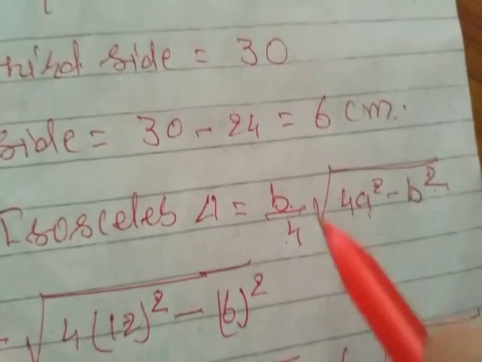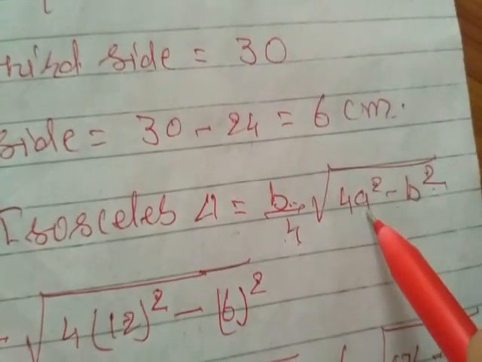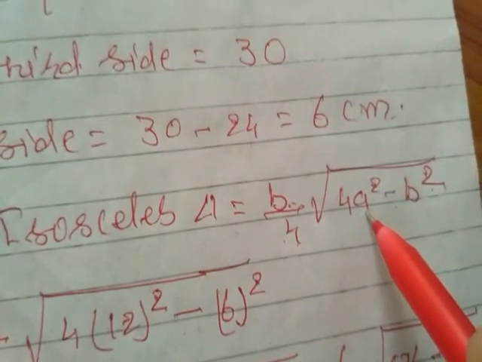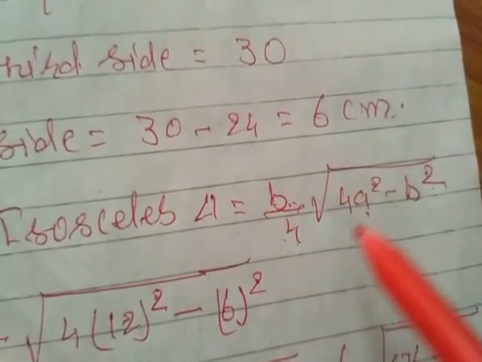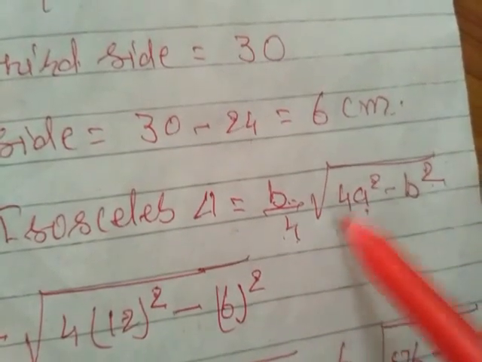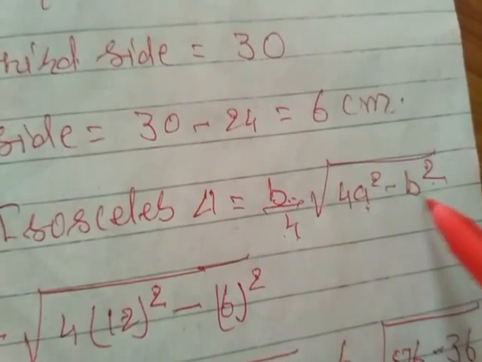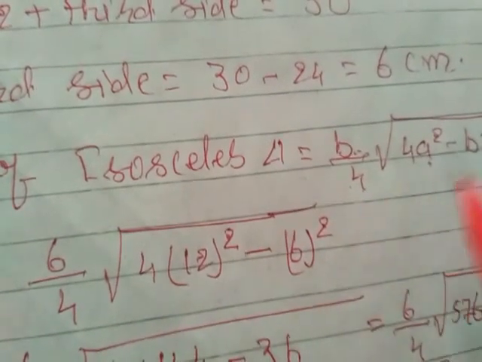Remember its formula: area of isosceles triangle is equal to b by 4 under root 4a square minus b square. So now substitute the value of a and b in this expression.